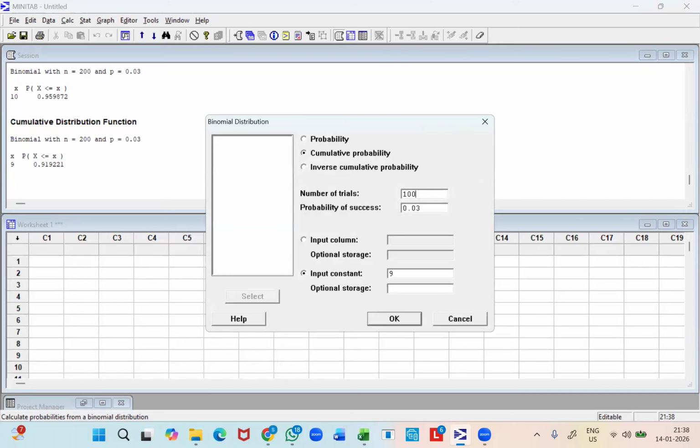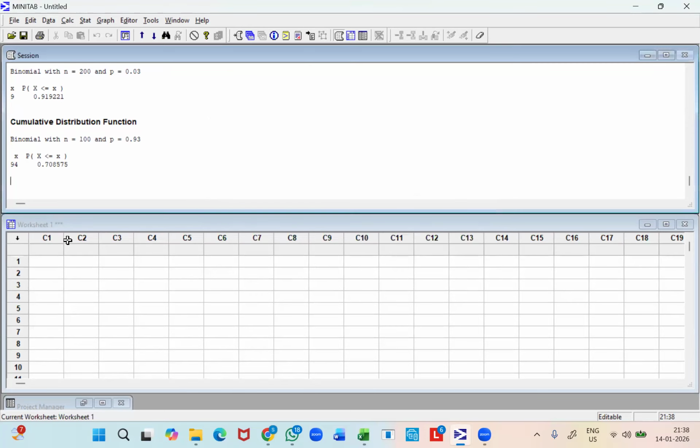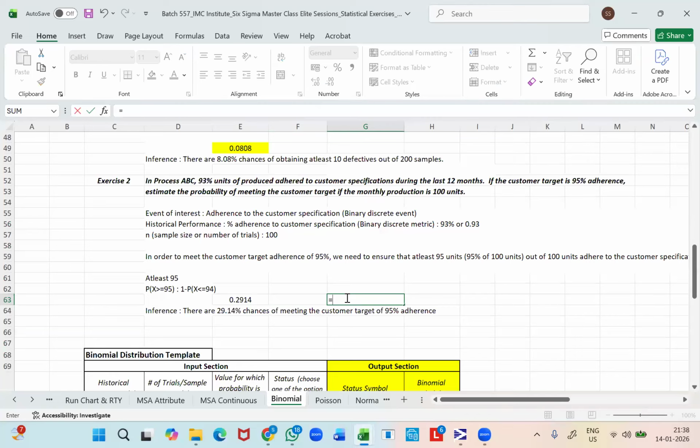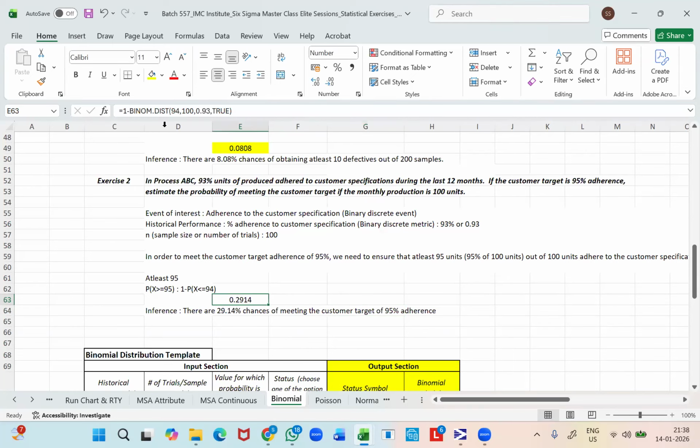The number of trials will be 100, the historical adherence percentage will be 0.93, and the input constant will be 94. We get P of x less than or equal to 94 as 0.7086, and this has to be subtracted from 1. So we get 0.2914. That's the correct answer.